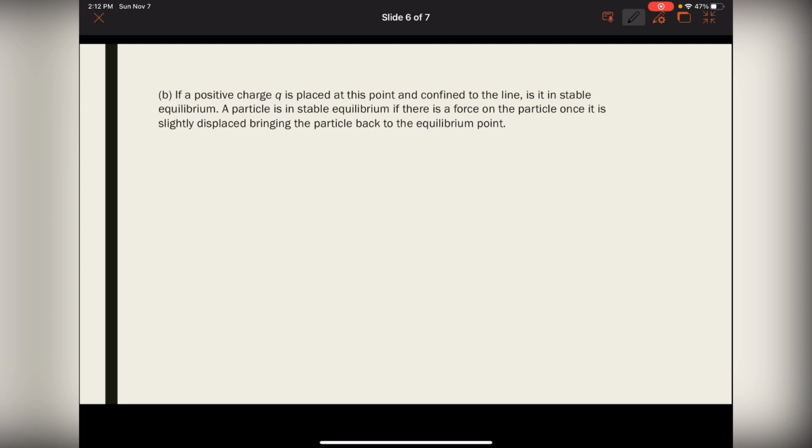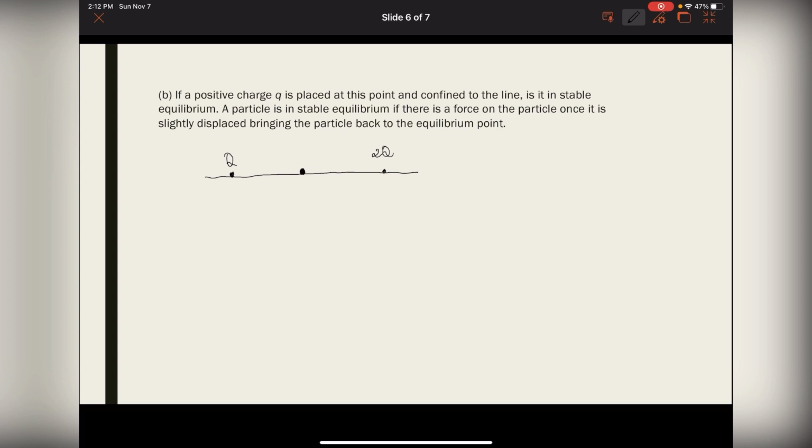So if we remember, the problem says that there are two charges, Q and 2Q. Now, if a positive charge Q is placed at this point, in part A we're supposed to find at what point the field of the system is 0.